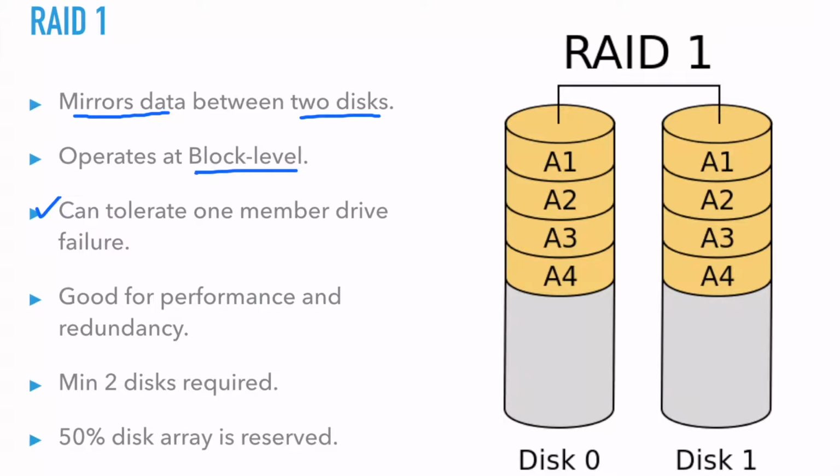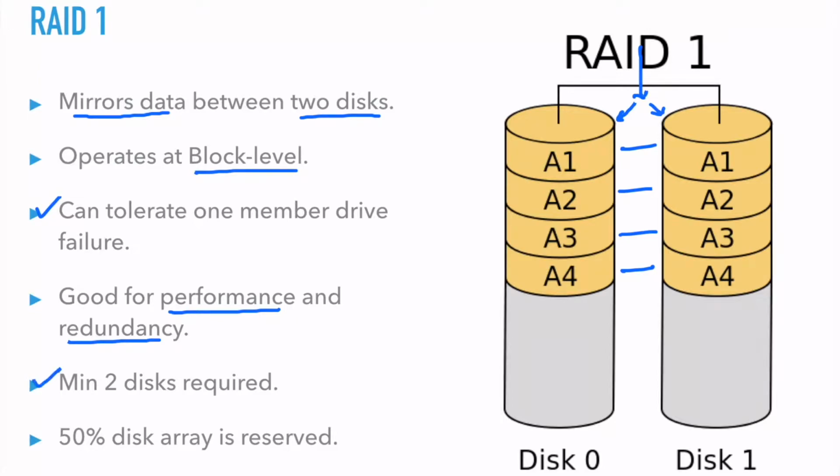If you look at this picture, when data flows in for writing to disks, RAID 1 will copy the same set of data on both the disks. So if you see, there is a mirroring happening over here. The same set of data is written on multiple disks. It's good for performance and redundancy.